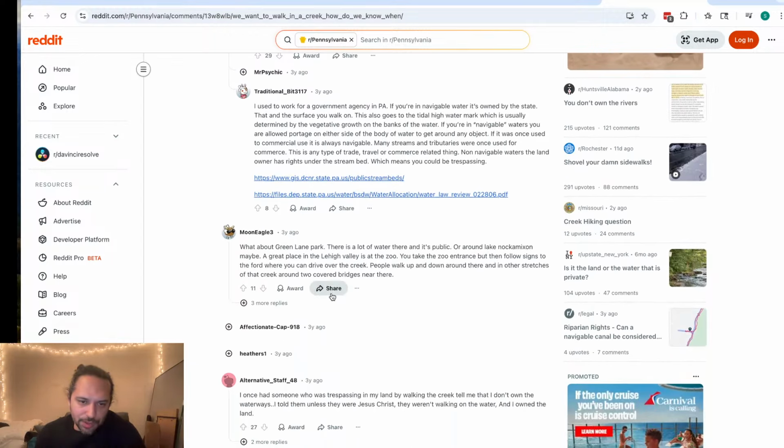Let me just finish this up. What about Greenland? I used to work for a government agency and if you're in navigable water, it's owned by the state. So navigable, I guess that and the surface you walk on. This also goes for tidal water, tidal high water mark, which is usually determined by the vegetative growth on the banks of the water.